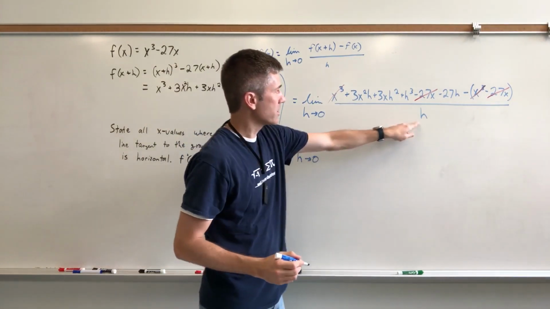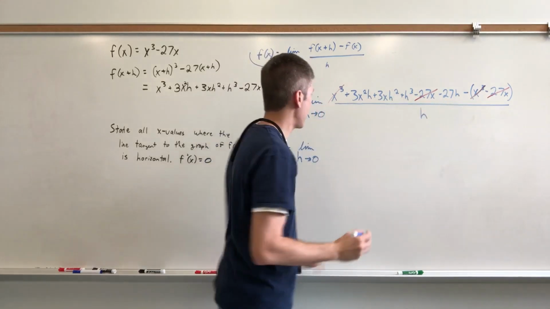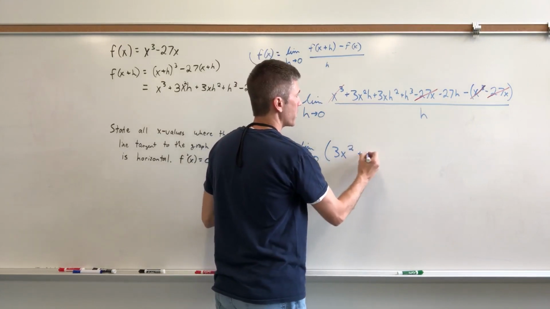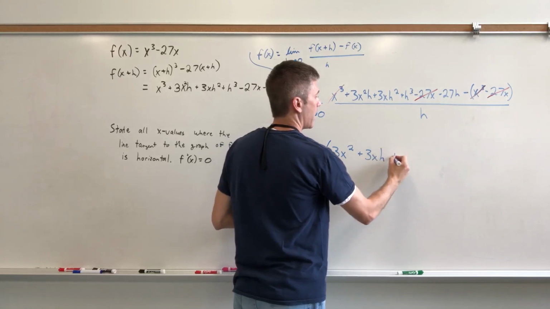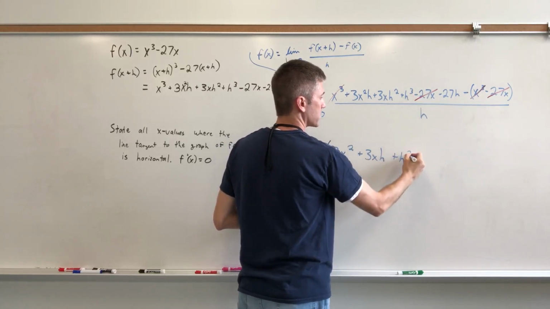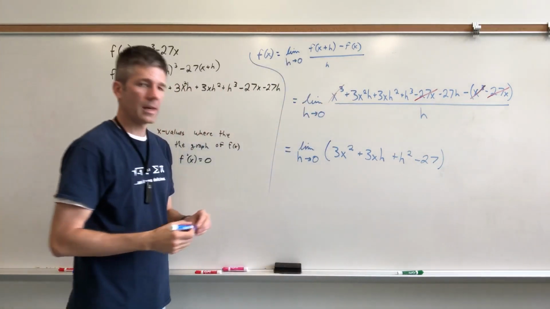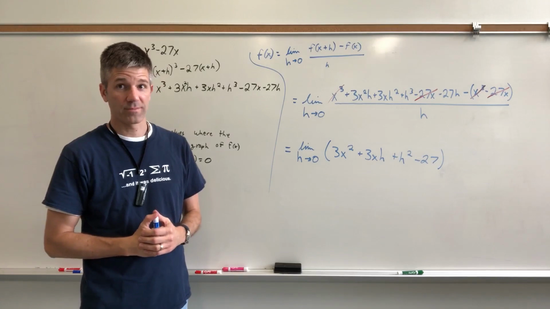I would cancel this h with that, this h with one of those, this h with one of those, and this h with that, and that leaves me with 3x squared, no h's, plus 3xh to the first, plus h, not cubed, but squared, minus 27, no h's. Is it okay for us to plug in a 0 now for h?